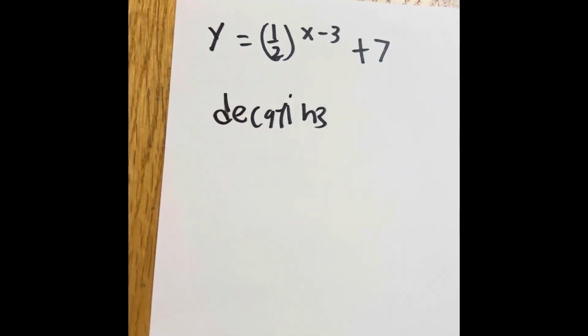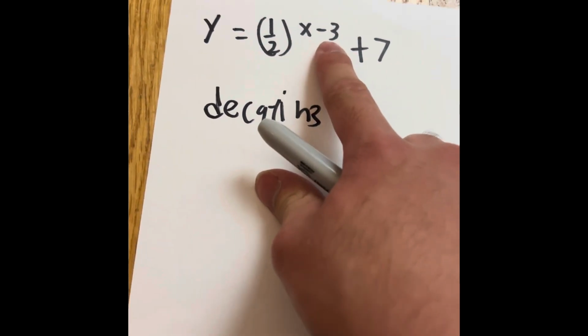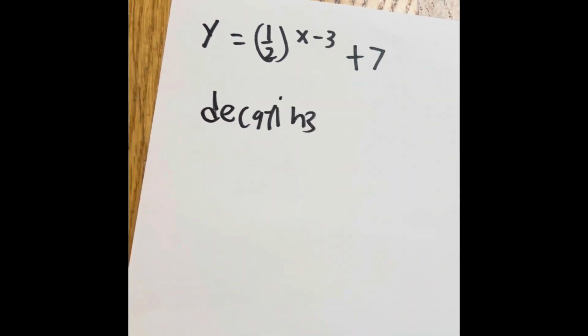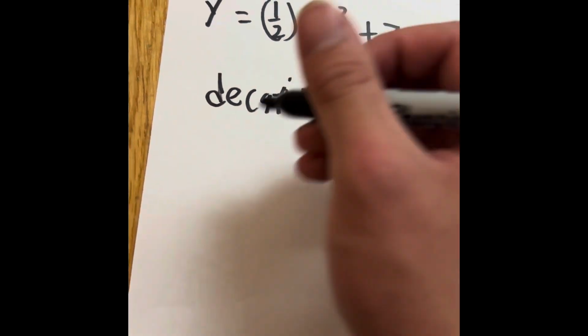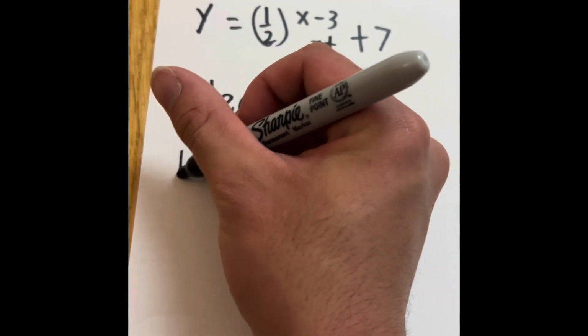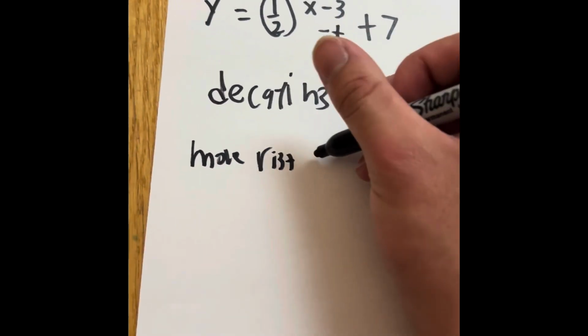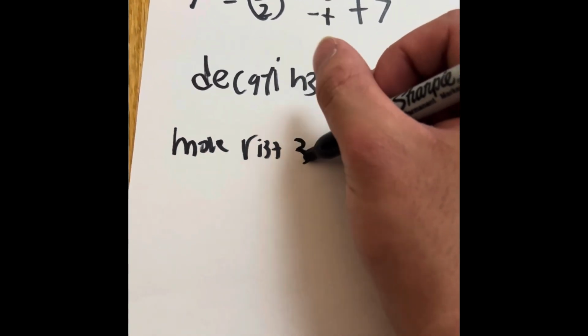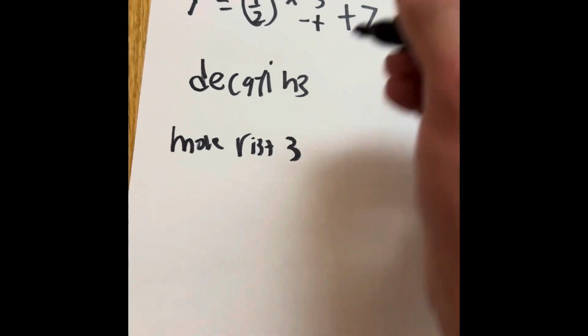The next thing is we'll take a look at the translations. We have an x minus 3. Because we have a negative, it's going to move to the right 3 units. It's also going to move the graph up 7.